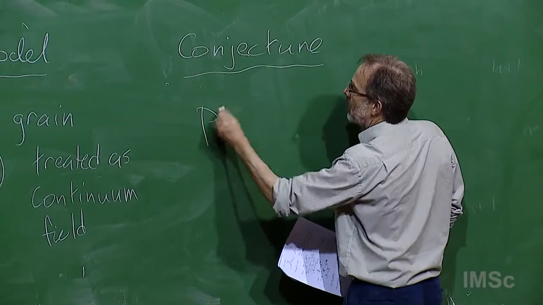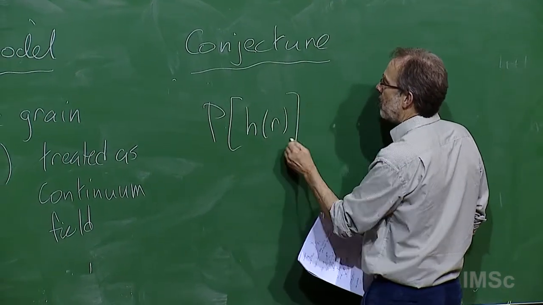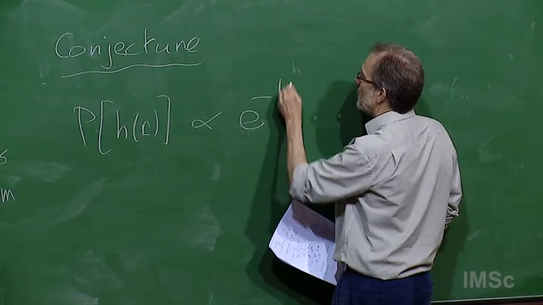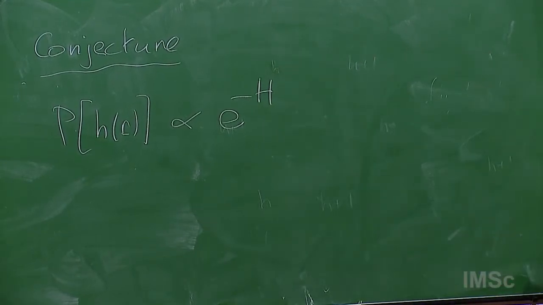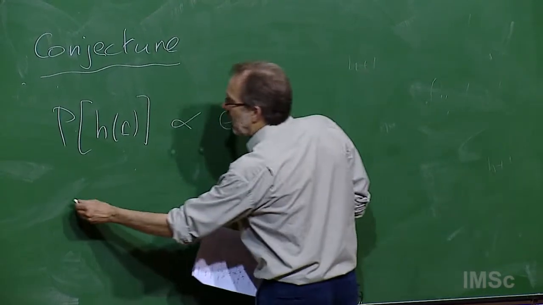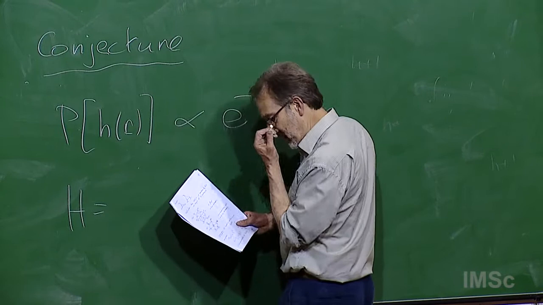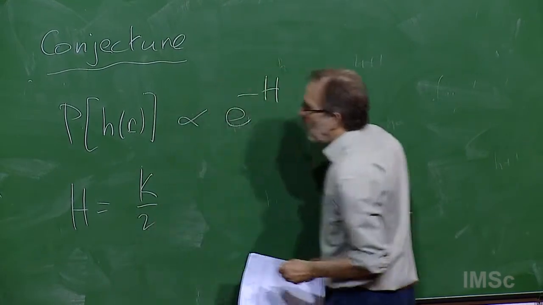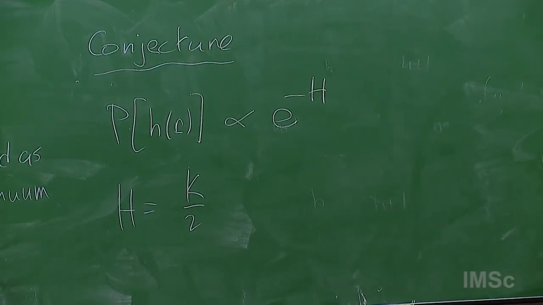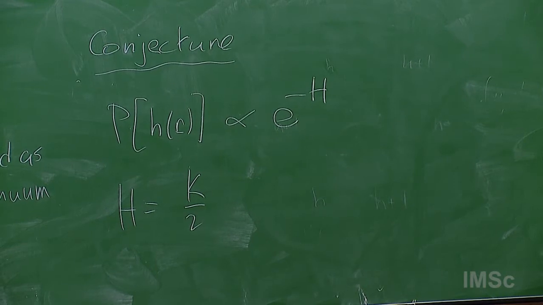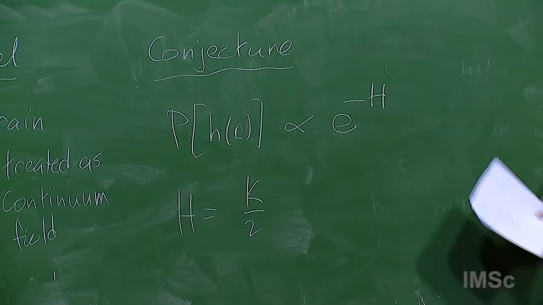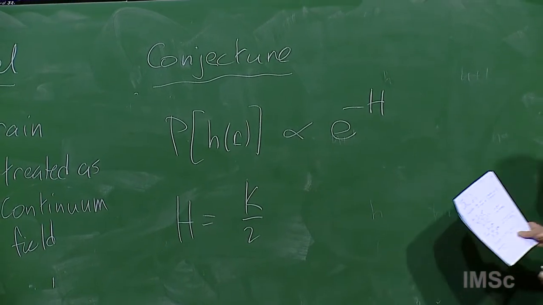So what we want to do is write down a functional that gives us the probability distribution of this height field. And because we think in the language of statistical mechanics, we think of that functional as being related to a Boltzmann factor. And the idea is that, from the two examples that I showed you, there's more entropy of ground state fluctuations when the height field on average is flat. So what we want to do is write down something that penalizes gradients in the height field.